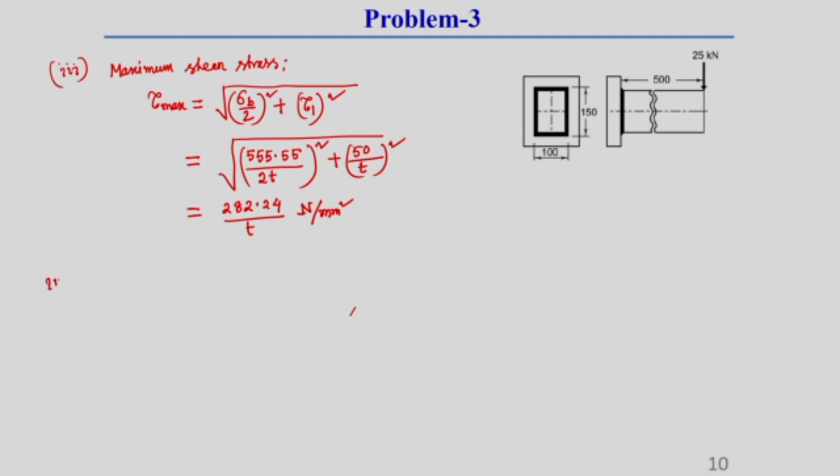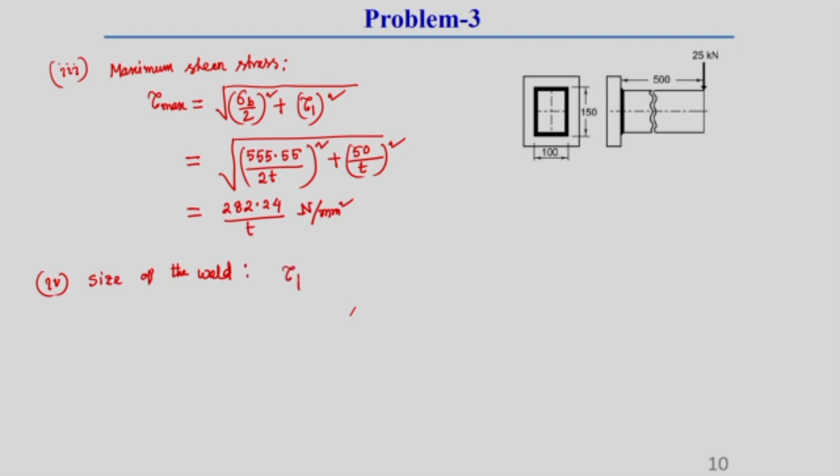Now, the fourth step, the last step, that is the size of the weld. So, what should be the size of the weld? Here the permissible shear stress is given as 75 Newton per millimeter square.